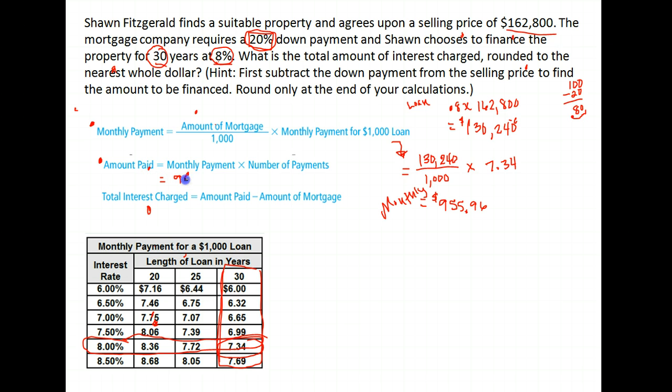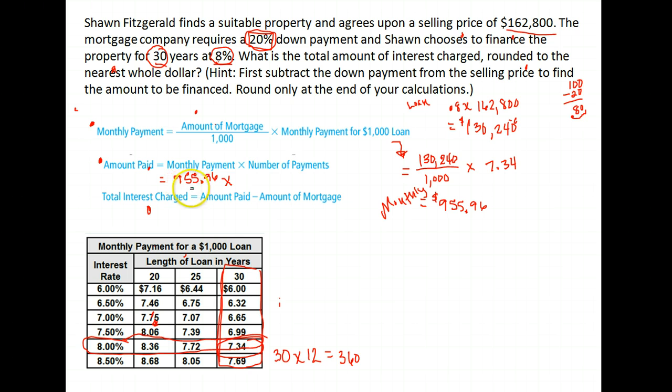Well, they're going to pay $955.96 times how many months? Again, this was a 30-year loan, so how many payments will you make? You'll make payments for 30 years, and there are 12 payments every year because there's a payment every month. So we take 30 times 12. Again, we have 360 payments.